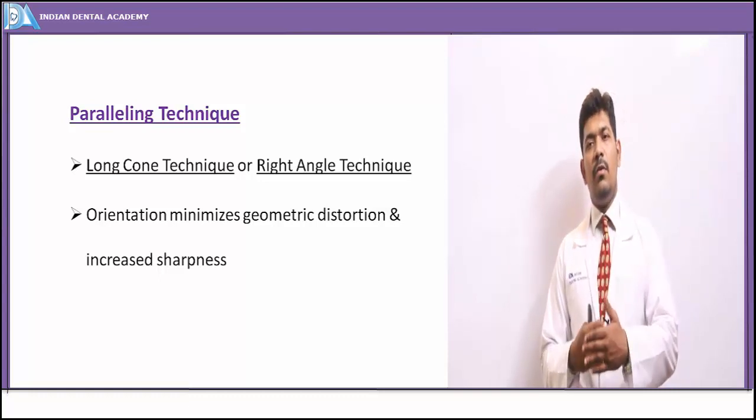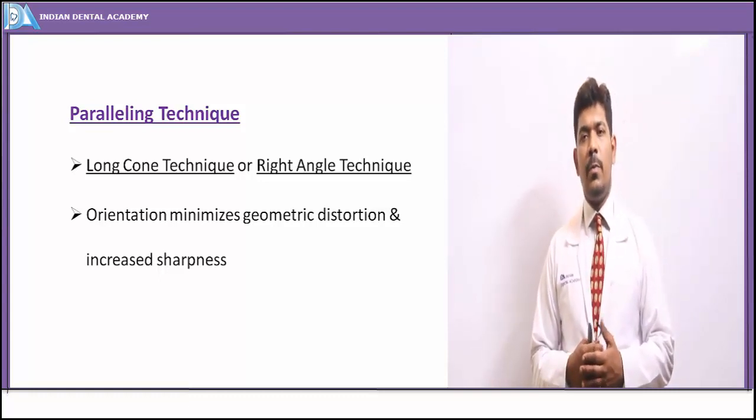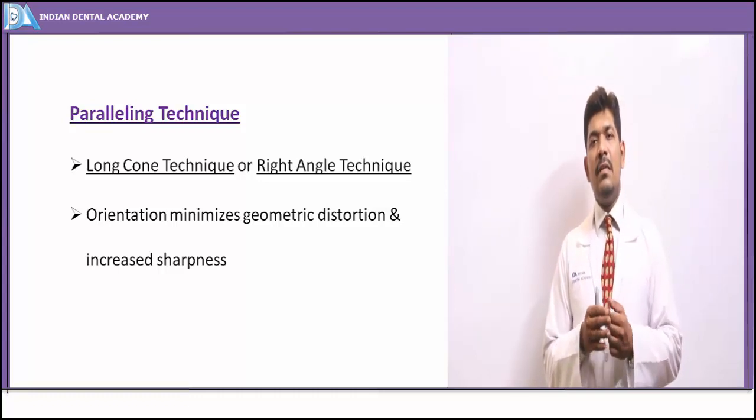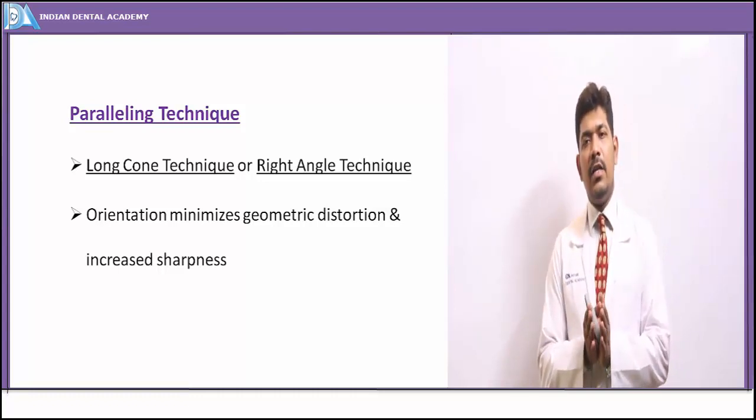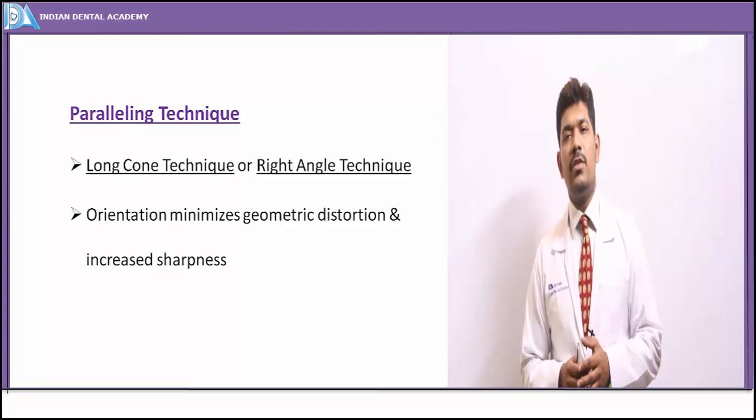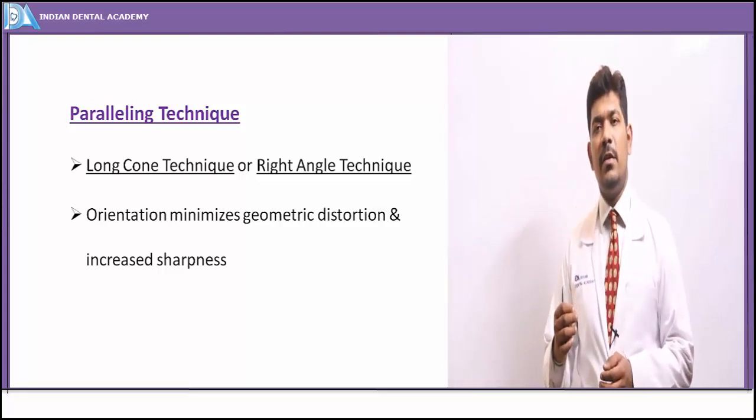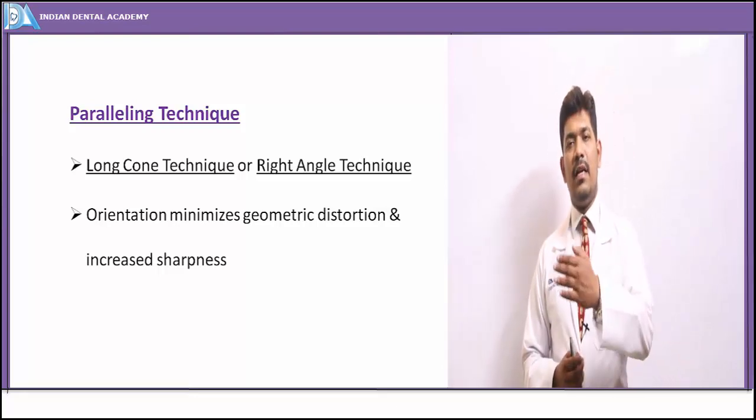Now, even though we use the collimators to produce a parallel beam, there are still slight differences in the angulations between the individual X-ray beams if we consider them as lines.